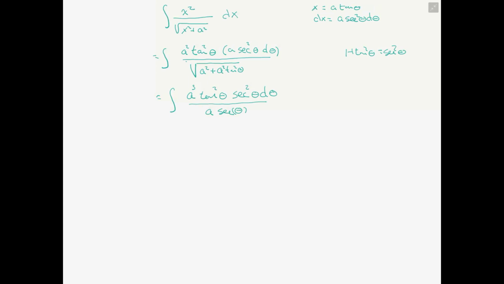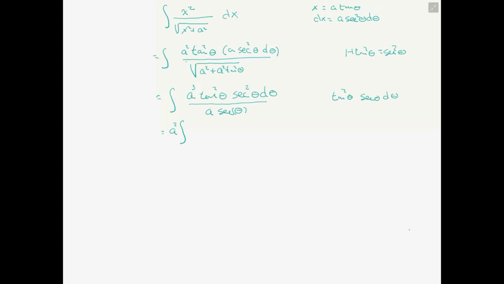And then we take a look and see what we've got. So we got a squared, we can pull out here. Now, if we cancel that out, our integrand becomes tangent squared theta secant theta d theta.